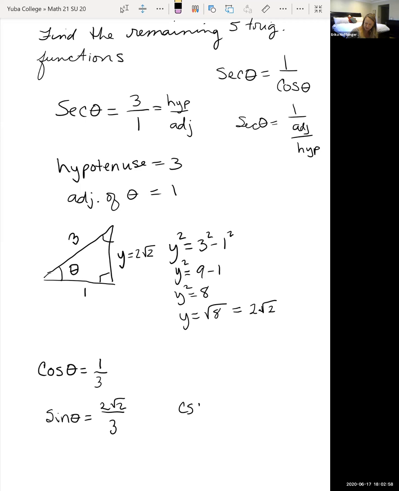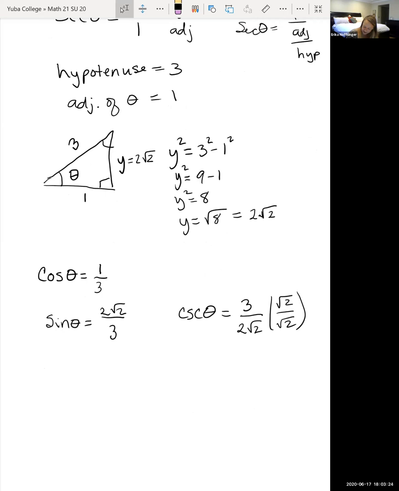So let's just do the reciprocal. The reciprocal function is cosecant theta of sine theta. And so this is 3√2, I'm sorry, this is 3 all over 2√2. Unfortunately, there's a radical in the denominator, and we can get rid of it by multiplying by √2 over √2.